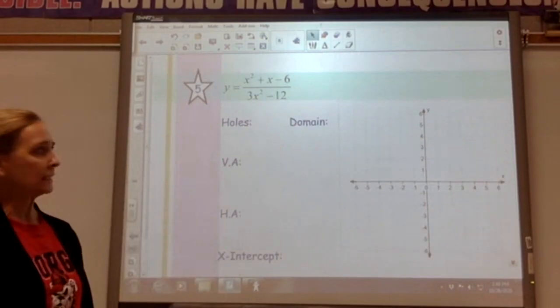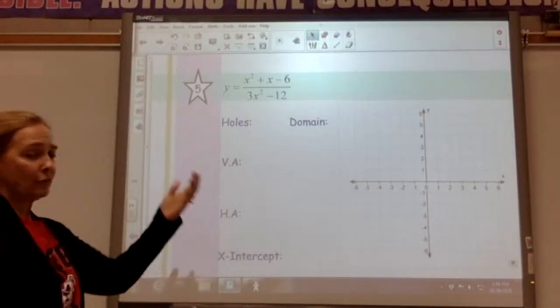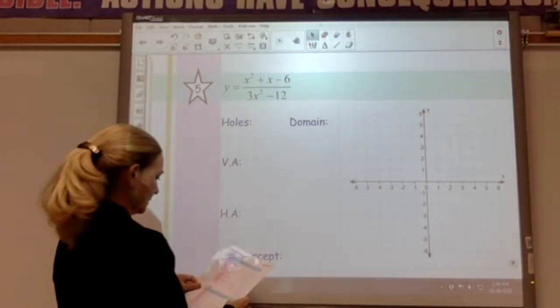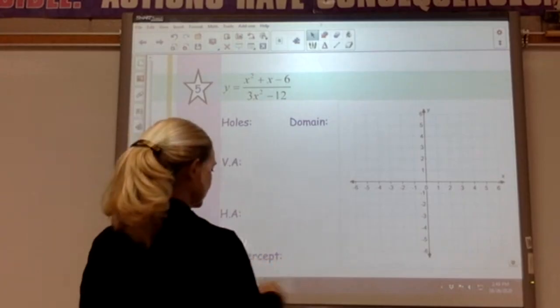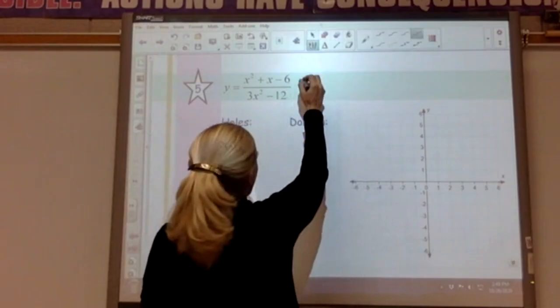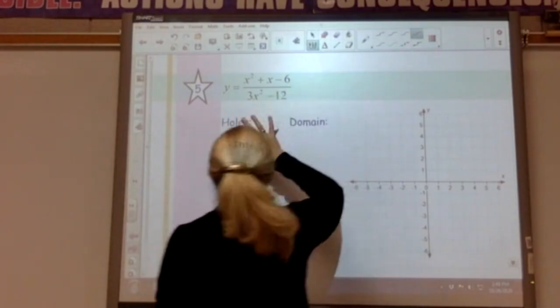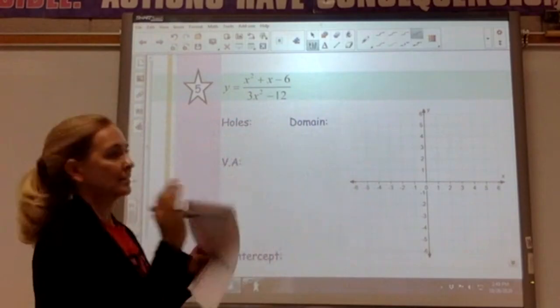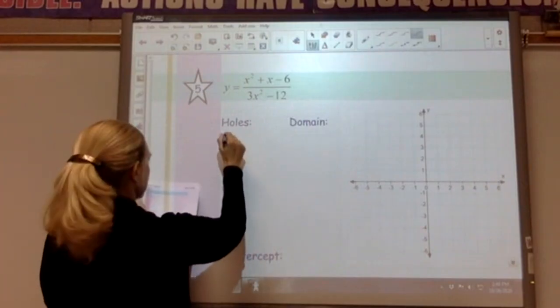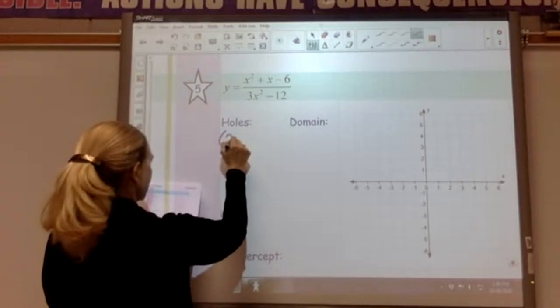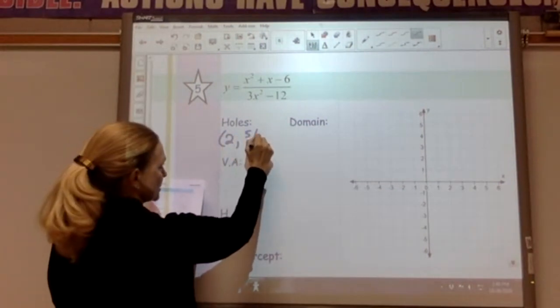And this last one is the same. If you want to practice it on your own, it does have a hole. I'm just going to write the answers down, and I'm going to let you factor and then see if you can find them all. So I'll just go ahead and tell you this hole is at 2, 5/12.